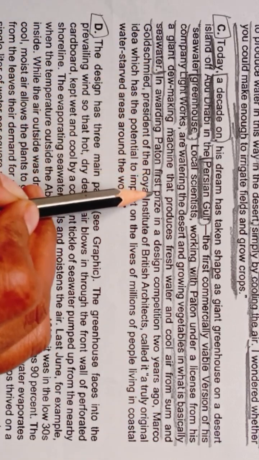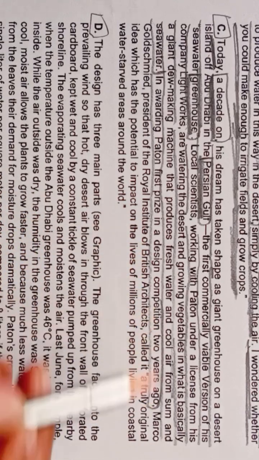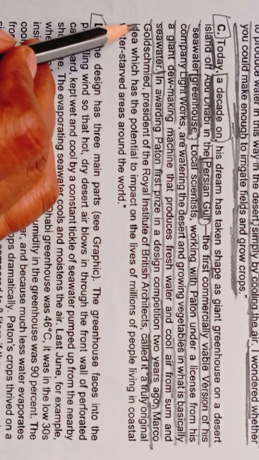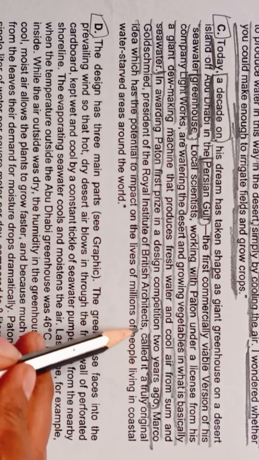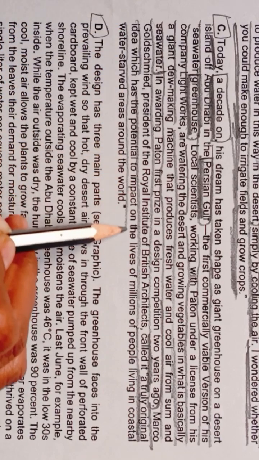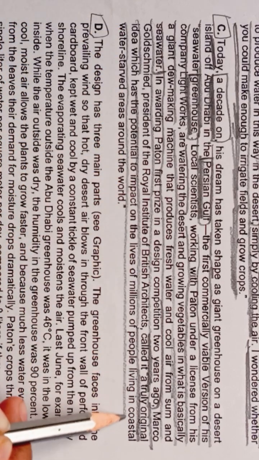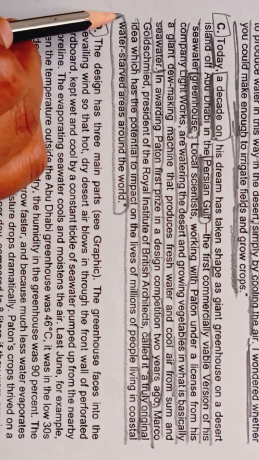In awarding Patton first prize in a design competition 2 years ago, Marco Goldskine, president of the Royal Institute of British Architects, called it a truly original idea which has the potential to impact on the lives of millions of people living in the coastal water-starved areas around the world.